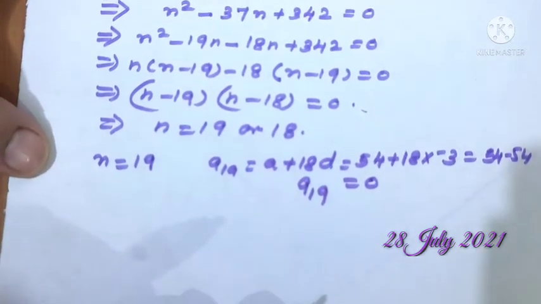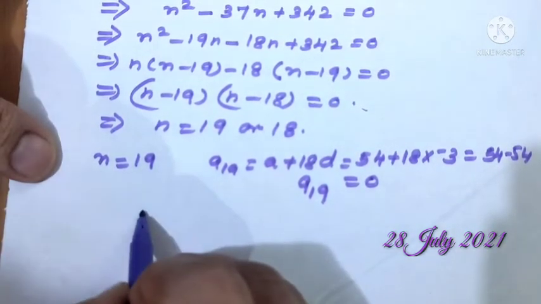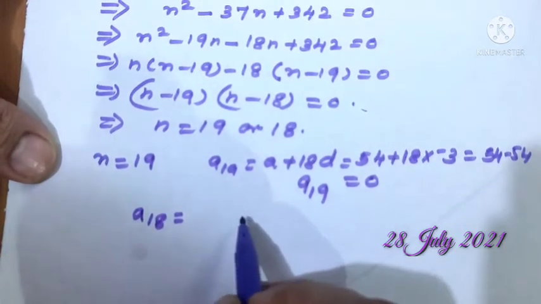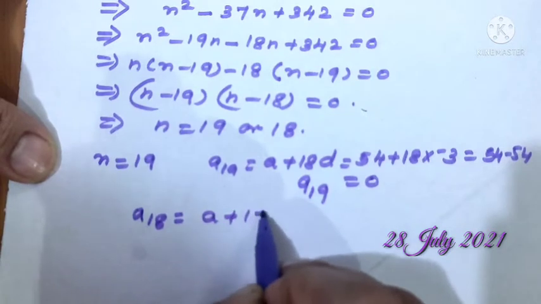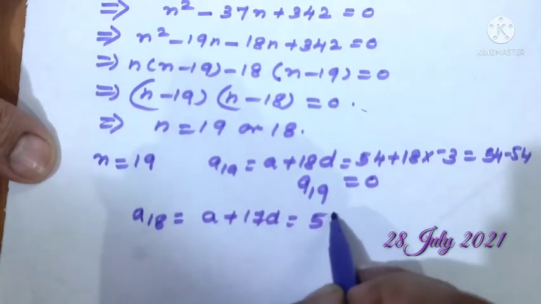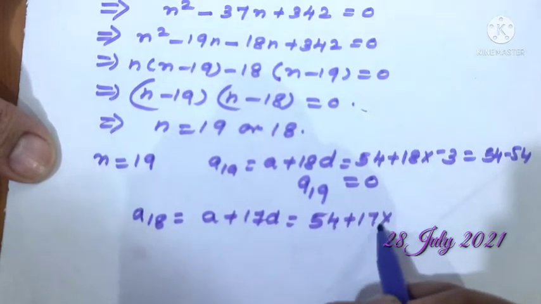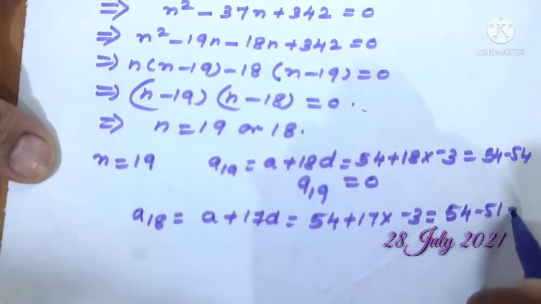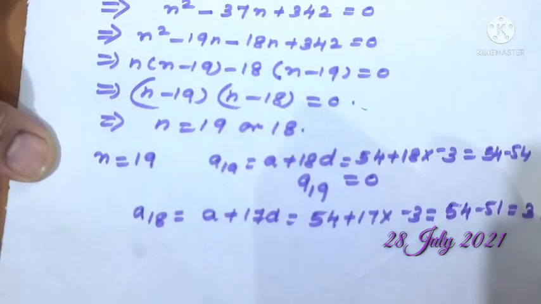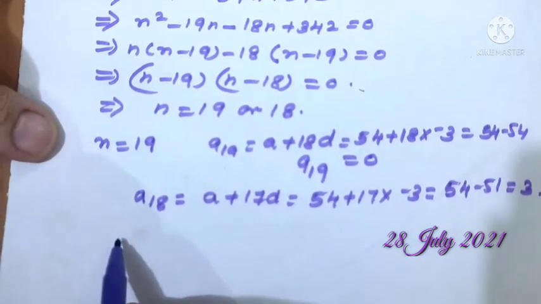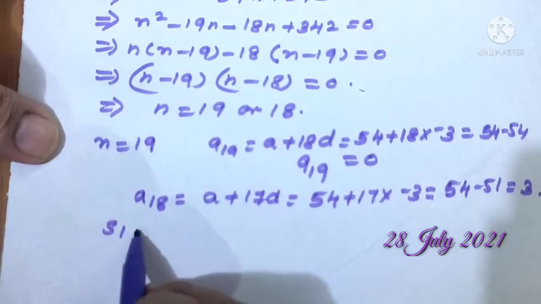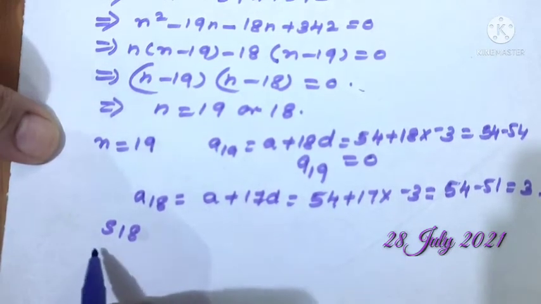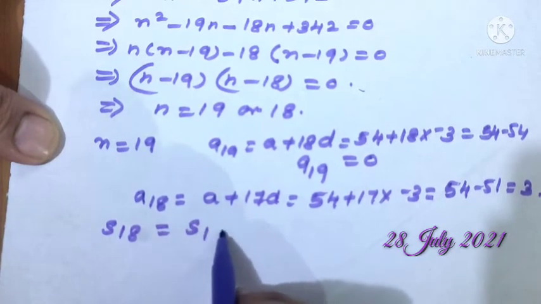Now let us calculate what is A18. A18 equal to a plus 17d, so 54 plus 17 into minus 3. So 54 minus 51, it is equal to 3. Now what is the sum of 18 terms? S18 is the same as S19 also. S18 equal to S19.